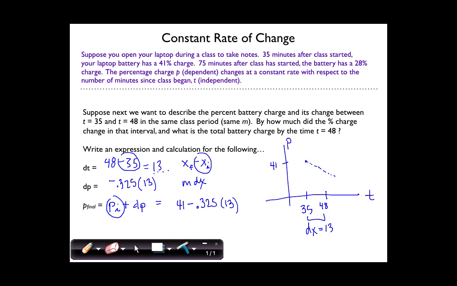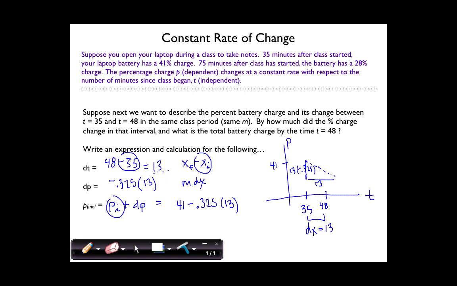And the ratio of changes dy and dx, or in this case dt and dp, is this negative 0.325. So I've got 13, and then this change is 13 times negative 0.325. So you can measure those changes and see which goes where.